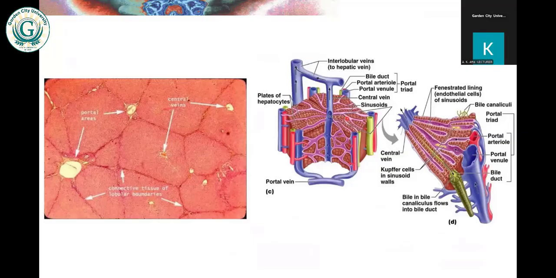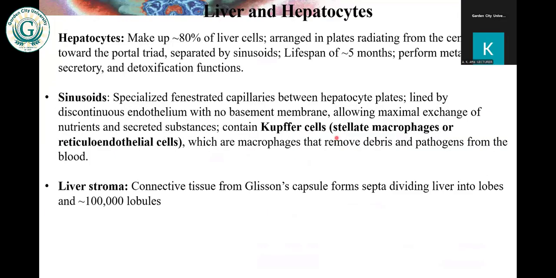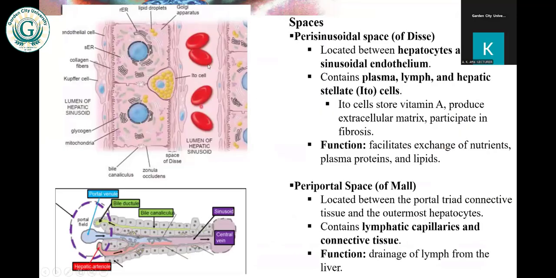This one explains how blood flows through the liver. So the hepatic artery and portal vein flow through the sinusoid.